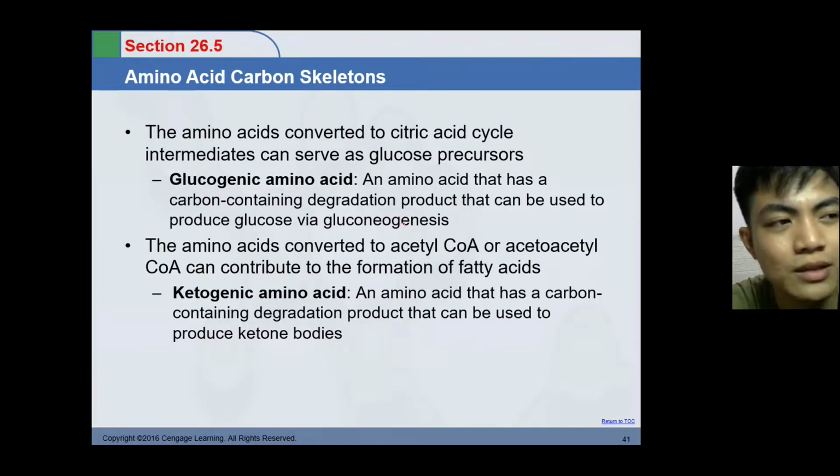For example, we have glucogenic amino acids. Glucogenic amino acids have carbon chains that resemble some of the byproducts needed in, guess what, gluconeogenesis or even glycolysis. And the ketogenic amino acids have carbon backbones that resemble those that can be used for the ketone bodies.